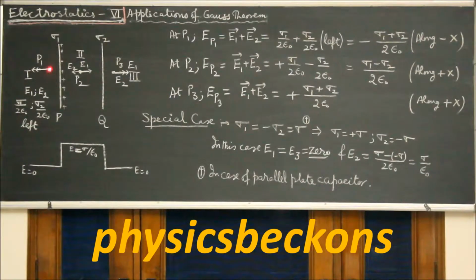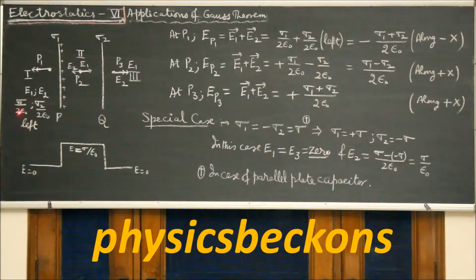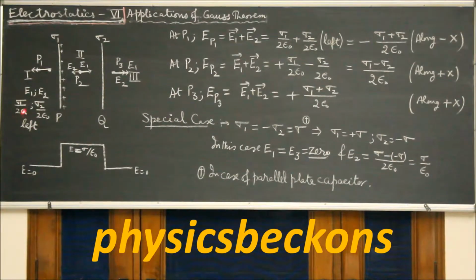To find the field at points P1, P2 and P3, let's see. For P1, the field due to plate P is towards the left. E1 is towards the left and its magnitude is sigma 1 over 2 epsilon naught. Similarly, the field due to Q at P1 is sigma 2 over 2 epsilon naught, again towards the left. Hence the two fields will be added.